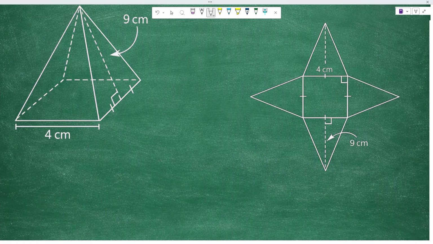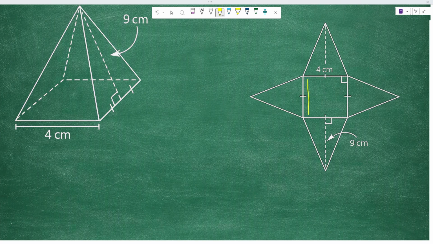Think of it like taking a cardboard box, cutting down the edges, and laying it completely flat on the floor. When we unfold our pyramid, look at what we get. We get one square in the middle and 4 triangles attached to the sides. That's it. Finding the surface area just means finding the area of these 5 flat shapes and adding them all together. No scary 3D math required.